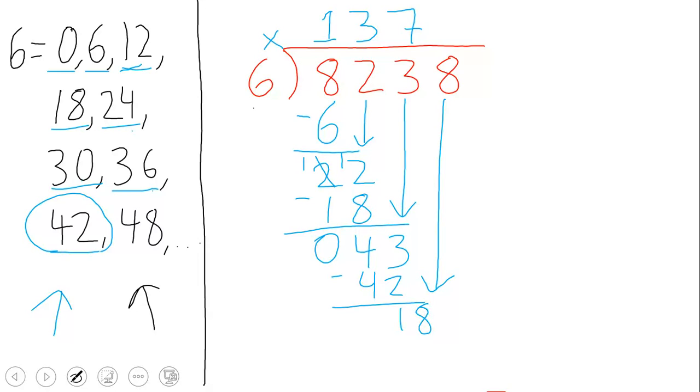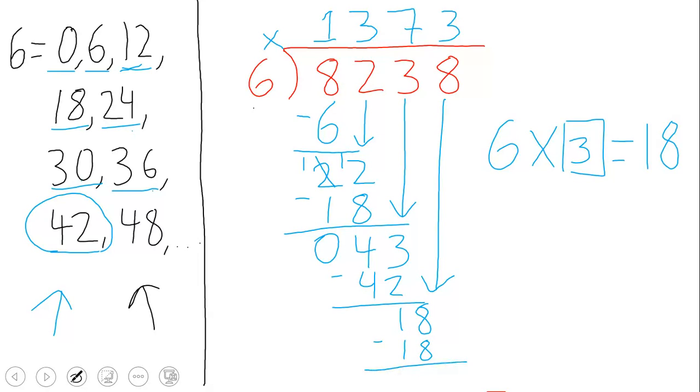Now we have the number 18. And we ask ourselves the question, is there a number that I could use to multiply by 6 to give me exactly 18? And yes, there is. That number is 3. So 6 times 3 is 18.